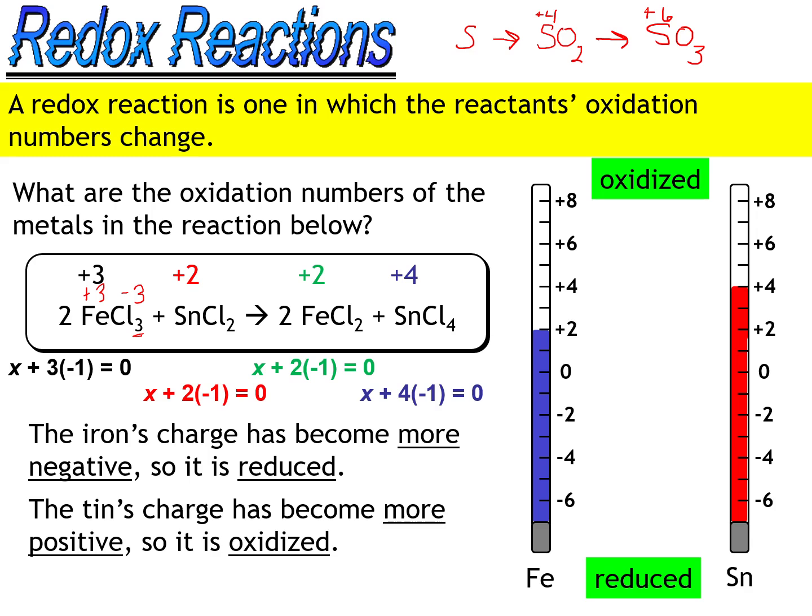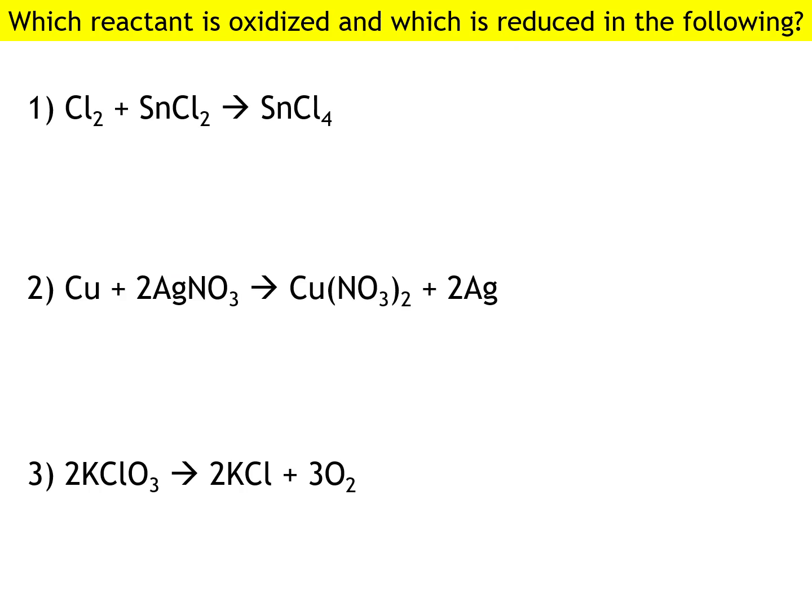We have more oxygens on it, its oxidation number is getting higher, so it is being oxidized. That's probably also where the term oxidation number comes from. All right, so let's look at some examples.